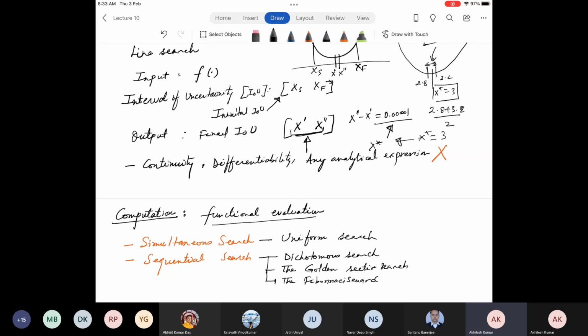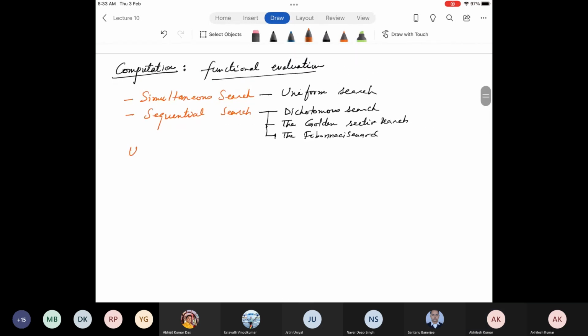Okay, so starting with uniform search, I will just quickly give an overview. Suppose this is my line.